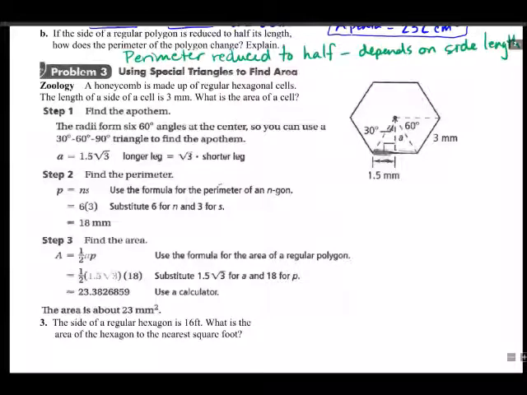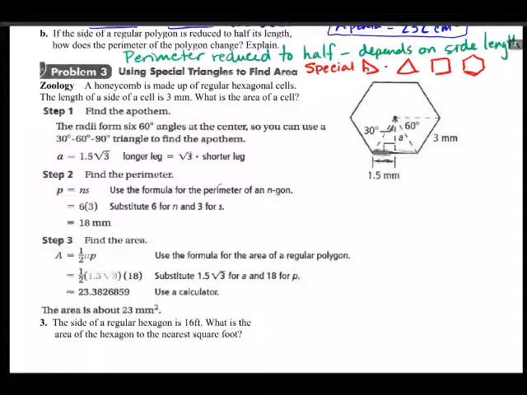Now, I will tell you right now that you will use special right triangles if your polygon is a triangle, a square, or a hexagon. Those are the only three figures that we can use special right triangles for.